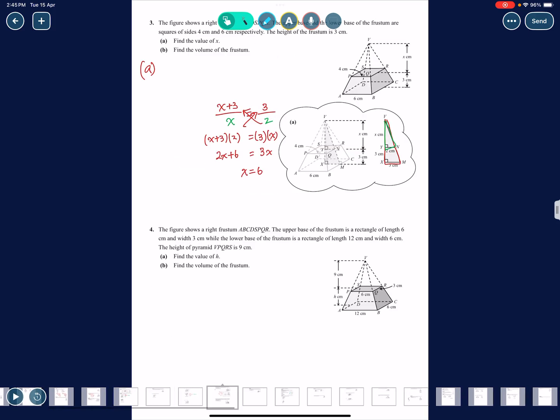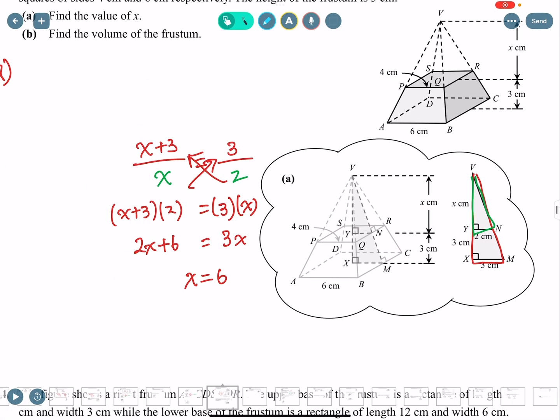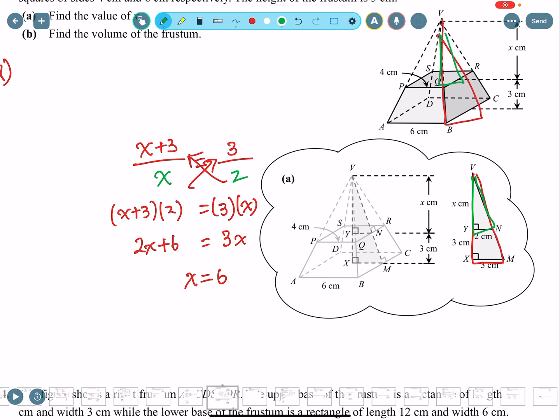But again, what I did is you separate into a big triangle and small triangle, right? For the big triangle, the height here is x plus 3 divided by the smaller triangle's height, which is just x, equals to another dimension that you can find. So it says here.